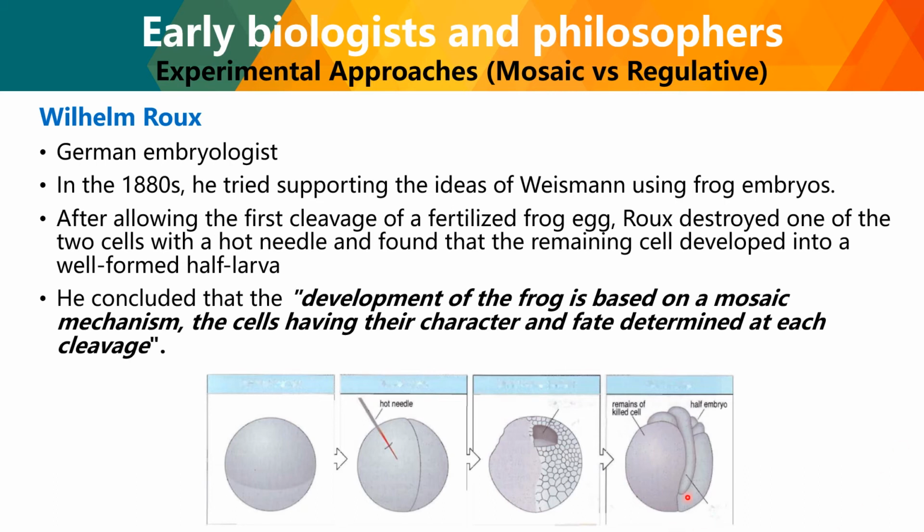Okay, so in the picture that you see here, this is the initial egg. Half of the egg has been destroyed with a hot needle. So of course, half of the cell has been killed, and the other one continued its development. So he still saw that it's possible to produce a developed embryo.